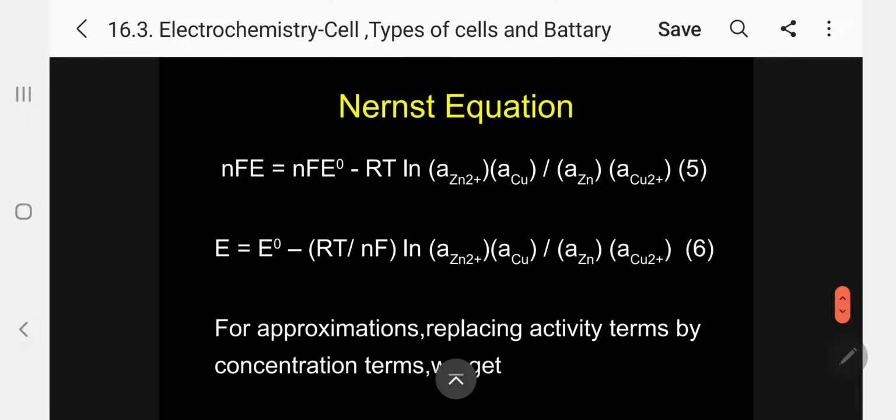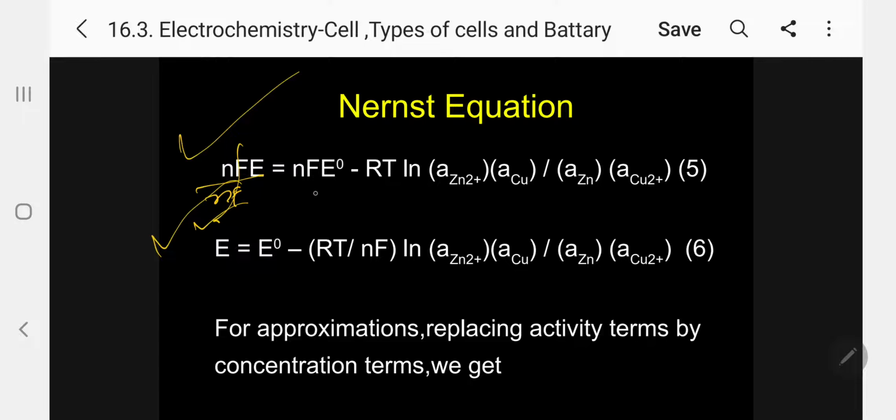So now I am substituting this value, I am getting this equation: nFE equal to nFE0 minus RT ln a(Zn2+) into a(Cu) divided by a(Zn) into a(Cu2+). Or I am dividing throughout by nF. What is happening now when I divide?